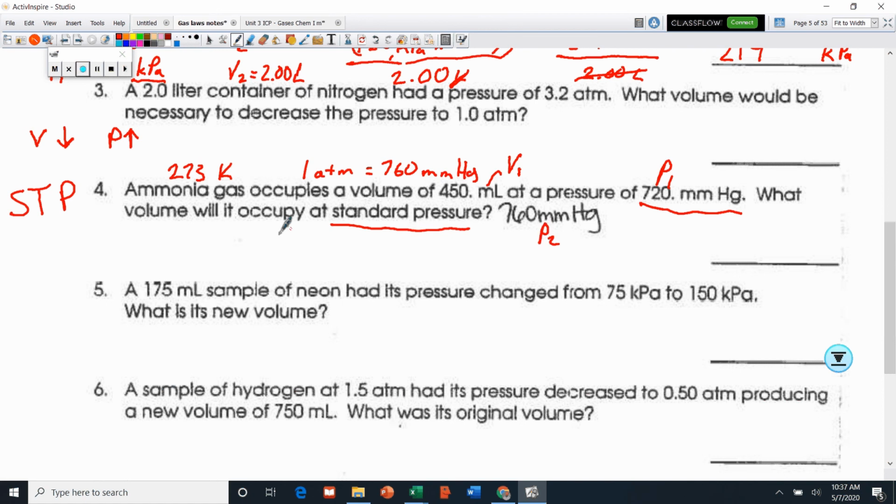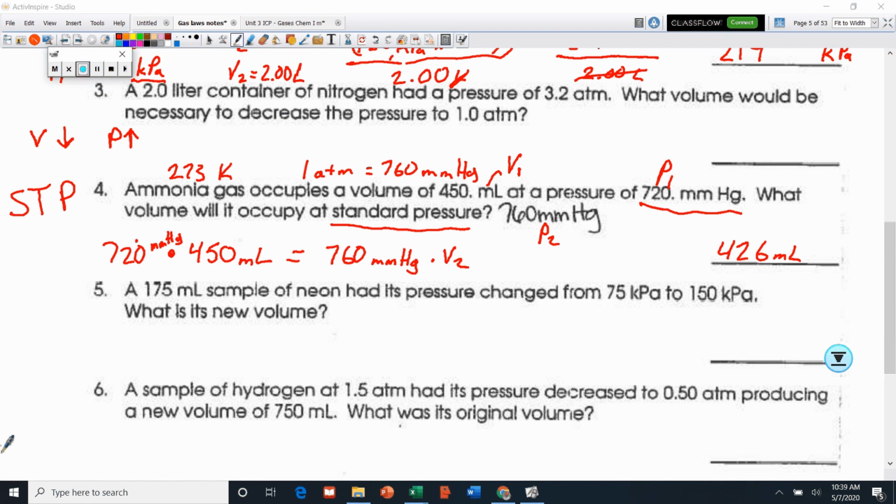We're solving for V2. So just set it up. If you want to, go ahead and pause the video right here. I'm going to go through and set it up and solve it, and then you can check your answer. Pause right now, and then we will see how we did.